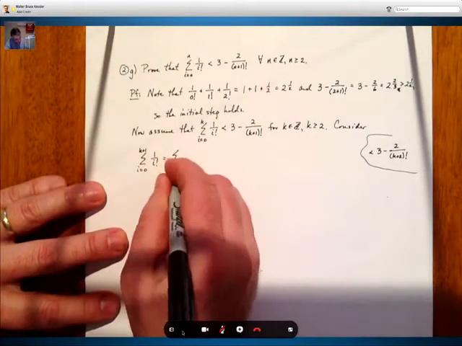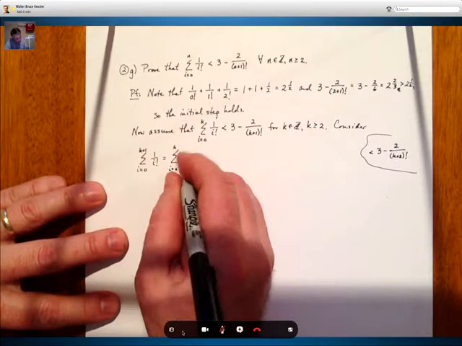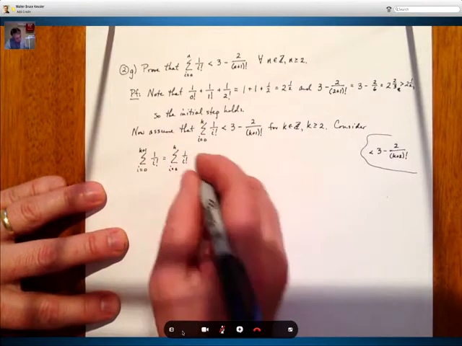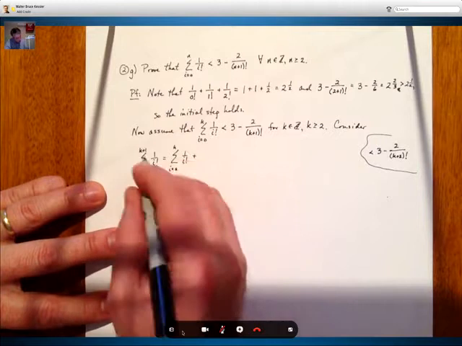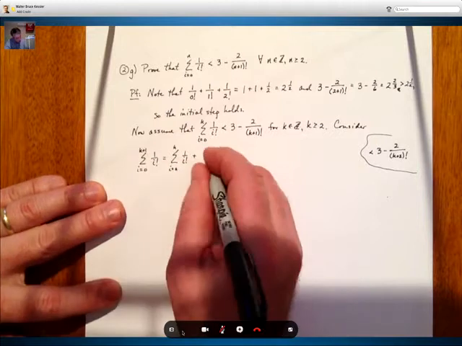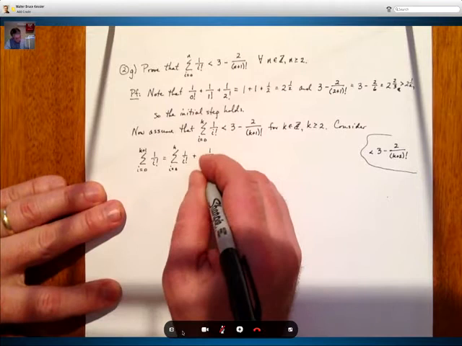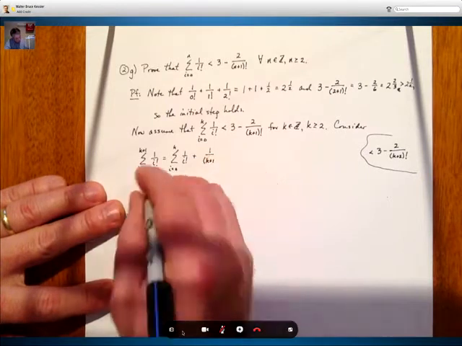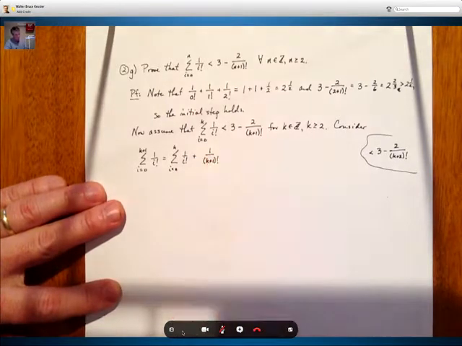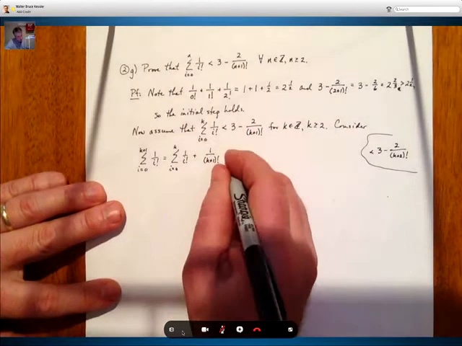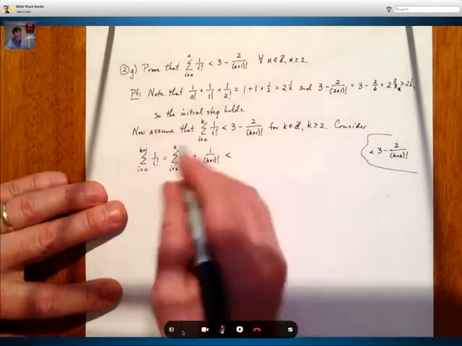All right, so let's write this out. This would be, let's do just up to k, i going from 0 up to k of the 1 over i factorial terms. And then the k plus 1 term here would be 1 over, and I plug in k plus 1 for i, and that's a factorial.